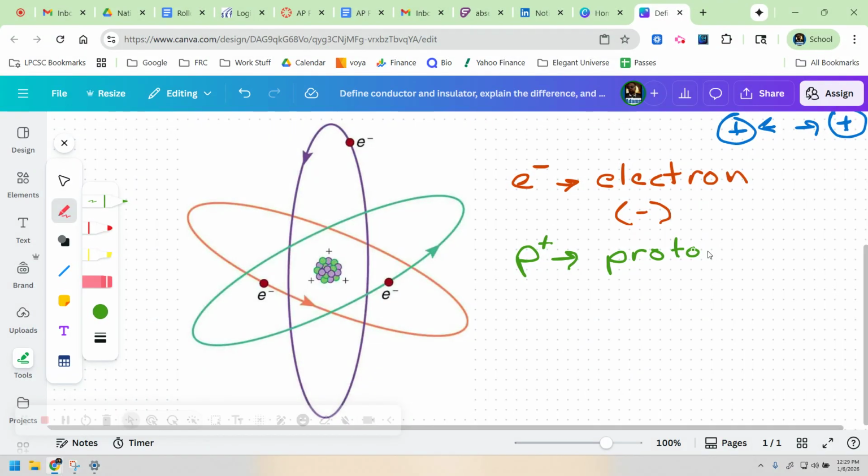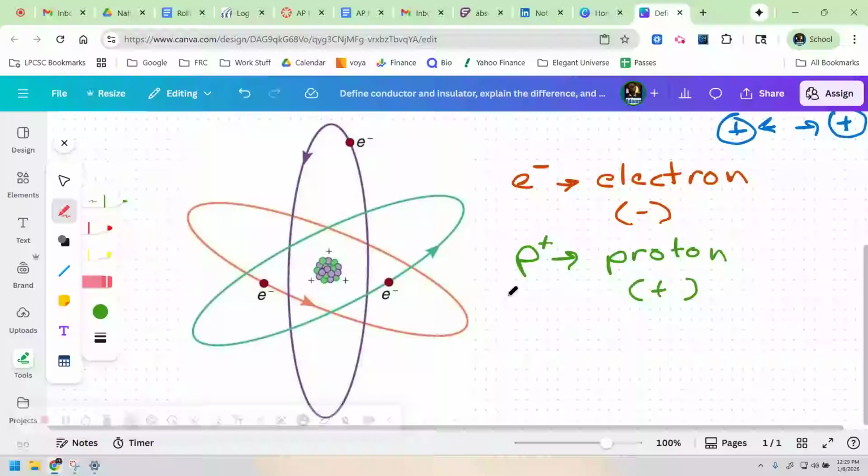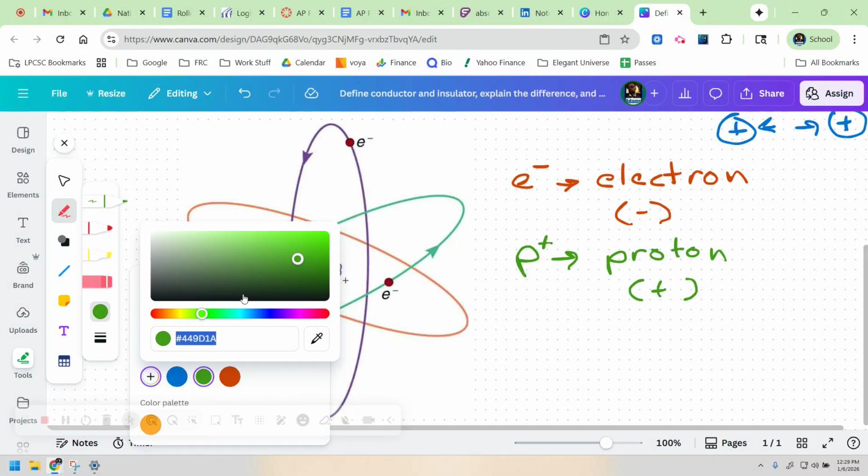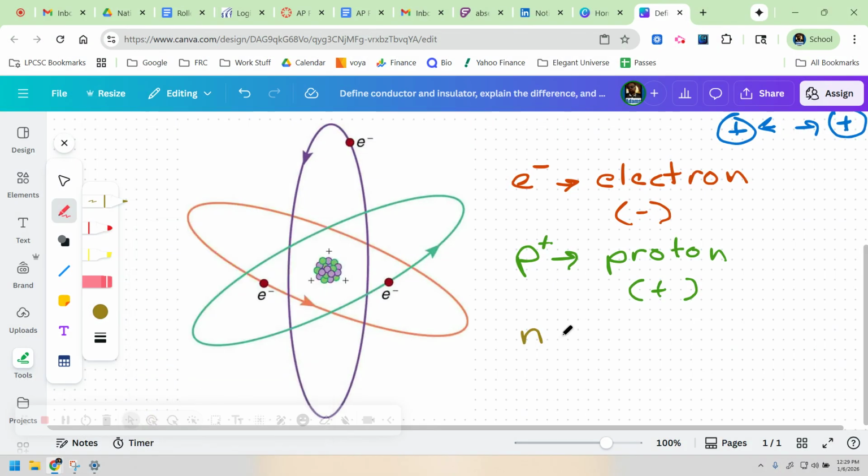And those are in the nucleus, right? And that will have a positive charge. And then because the protons are next to each other, they can't really touch each other, because if you have two protons next to each other, they'll push each other away. So they almost need a buffer. And the buffer actually has no charge, and those are neutrons.